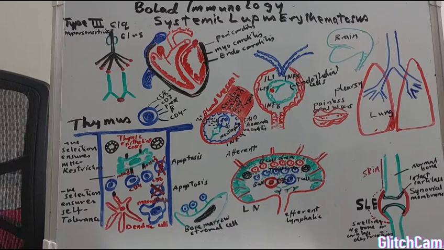However, in some instances some autoreactive T cells may escape, and some autoreactive T cells express a cluster of differentiation known as CD25, and they become regulatory T cells.